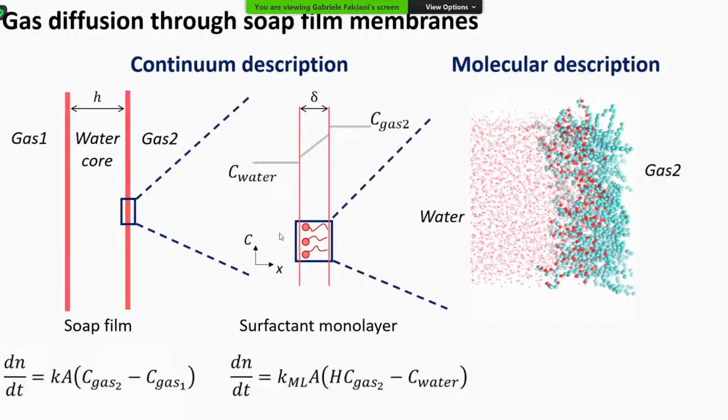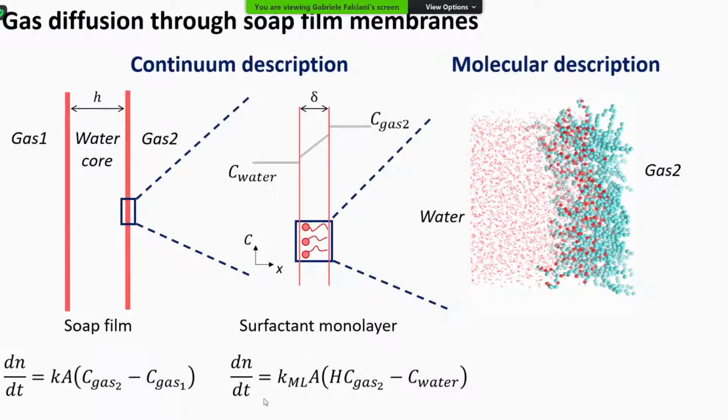If you look in the literature, the molar rate of the permeating gas from one side of the soap film to the other can be expressed in two ways. The first one involves the global permeability K of the soap film, the surface area of the soap film, and the difference in concentration of the gas in the two gas phases at the ends of the soap film.